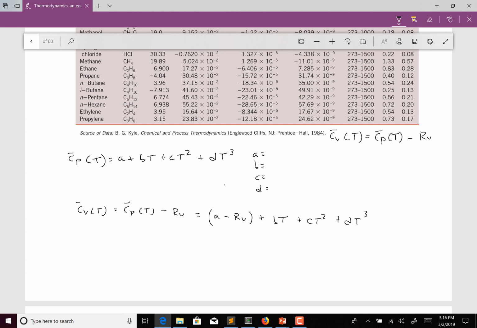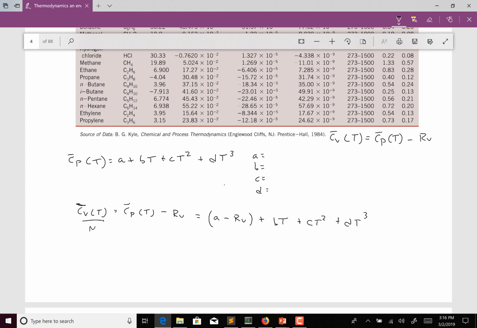And then we don't want this on a molar basis, we want it on a mass basis, so we're going to end up dividing this by the molar mass as well, because C sub V on a mass basis is equal to C sub V over M.